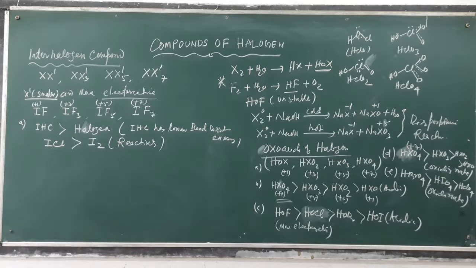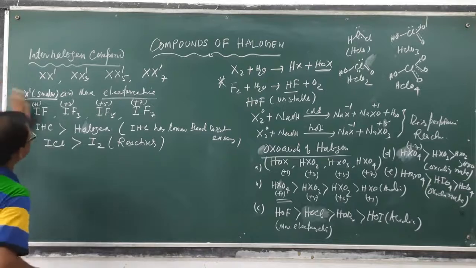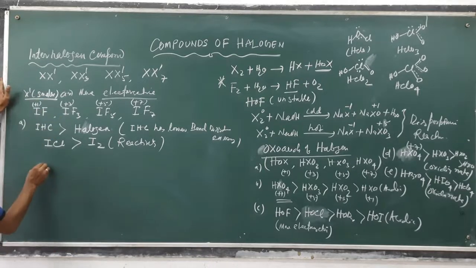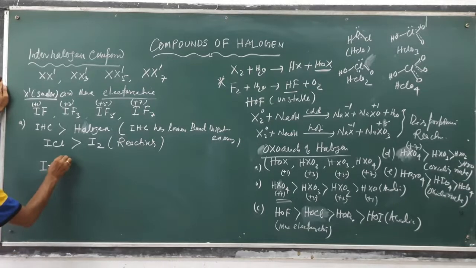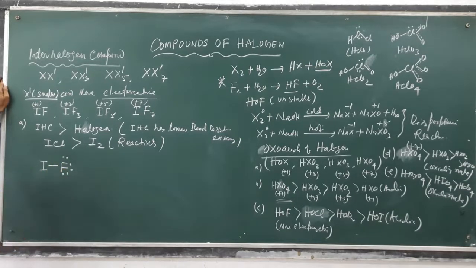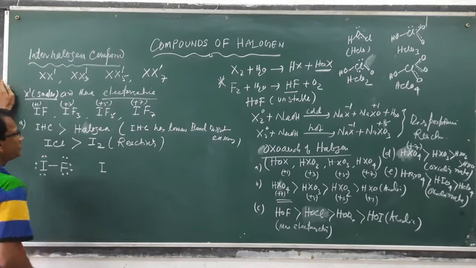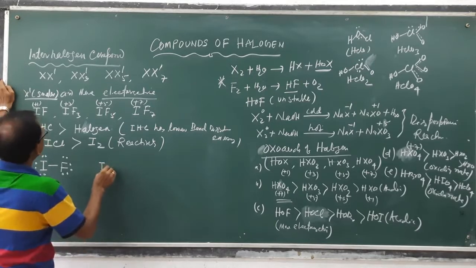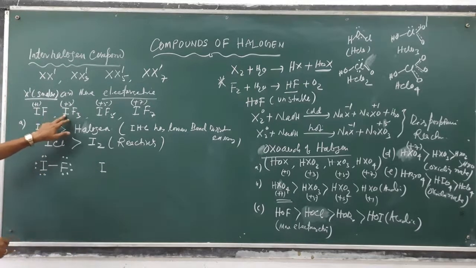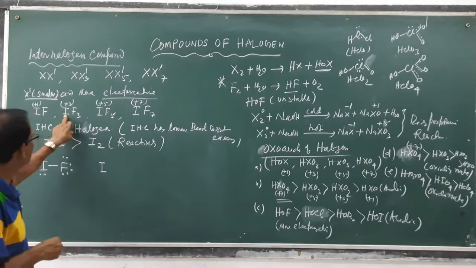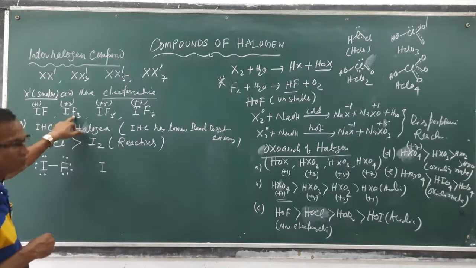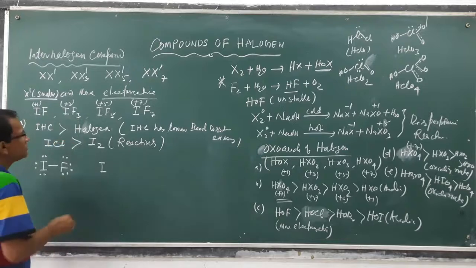Similarly, if you see the structure of interhalogen compounds, suppose the structure of IF3. Iodine, a halogen, has 7 electrons, and it shares 3 of them, leaving 4 electrons, that means 2 lone pairs.